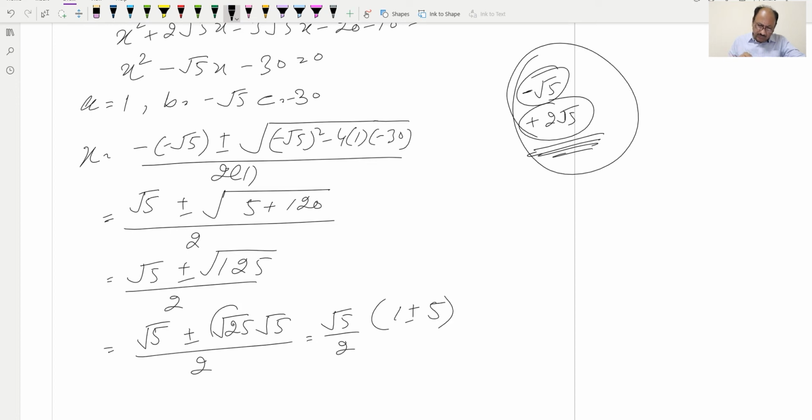So this one will be resulting to 5, which we have written over here, and this one and this one will be common. Hopefully you are understanding the simplification.